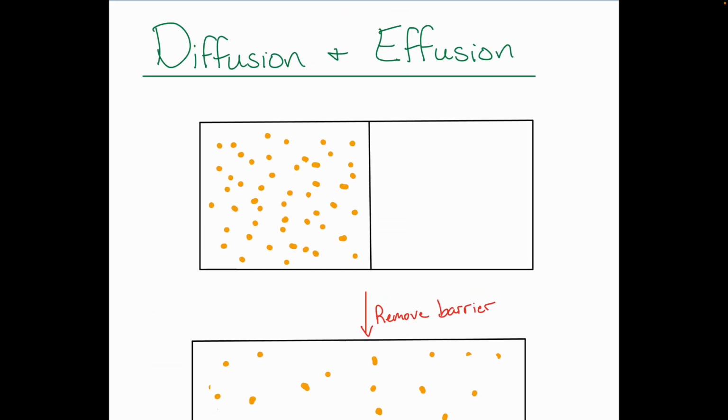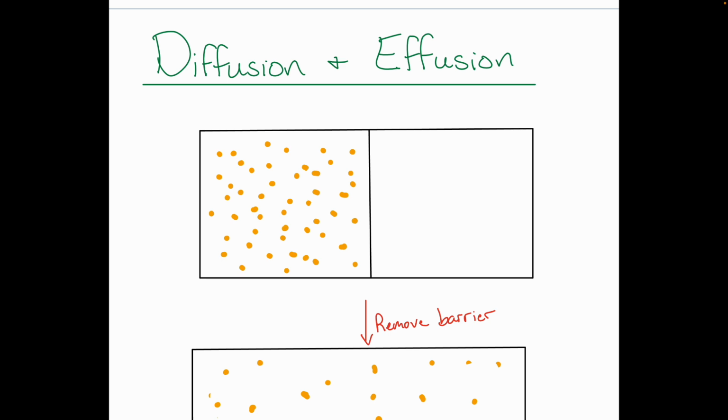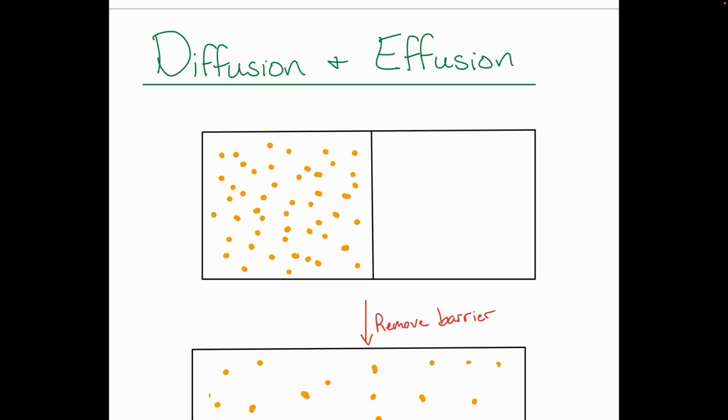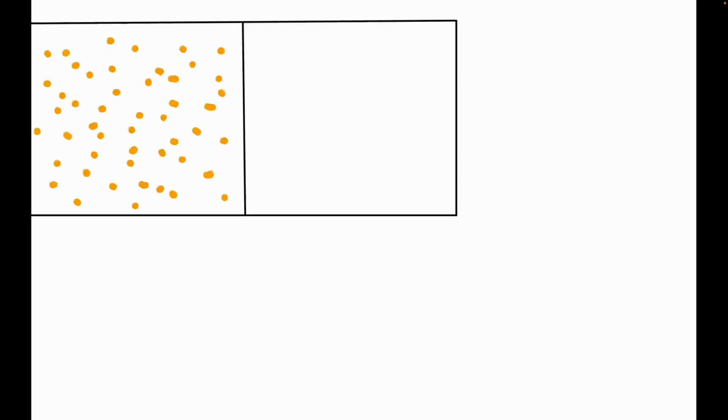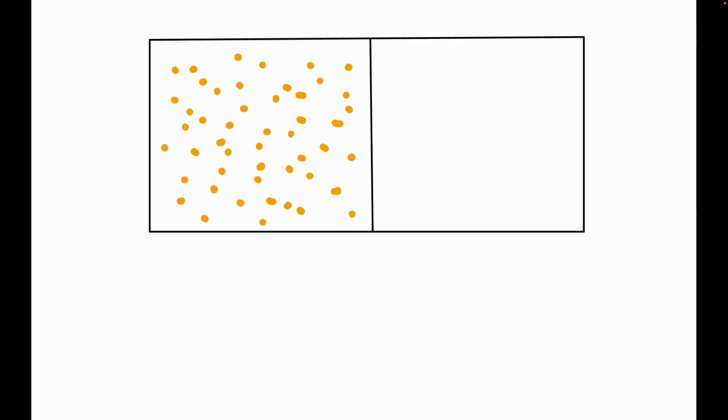All right, the other one: we're going to take our same little container here, but instead of removing that barrier altogether, we're just going to punch a little hole in the middle of it. So now we've got this little pinhole here.